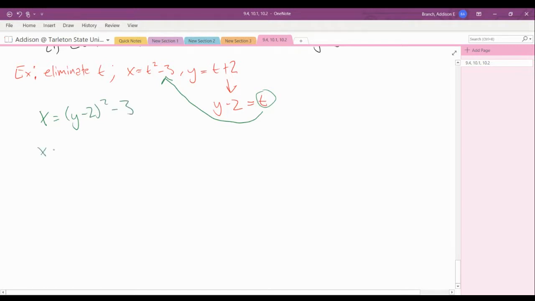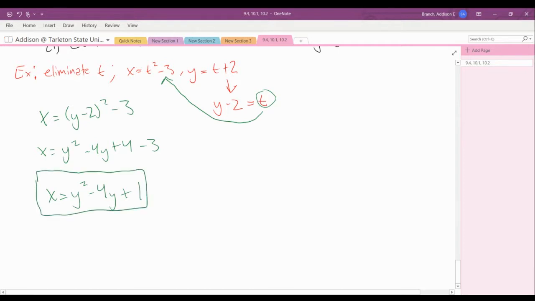So x is equal to y squared minus 4y plus 4 minus 3. We can clean that up and say x is y squared minus 4y plus 1, and that is our final equation, and we have eliminated our t.